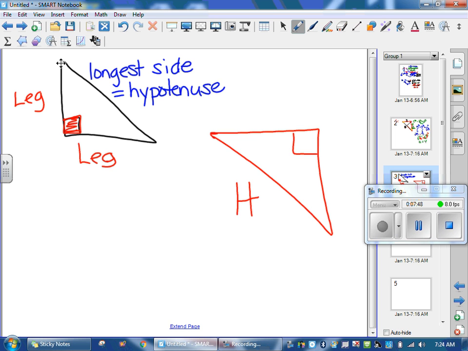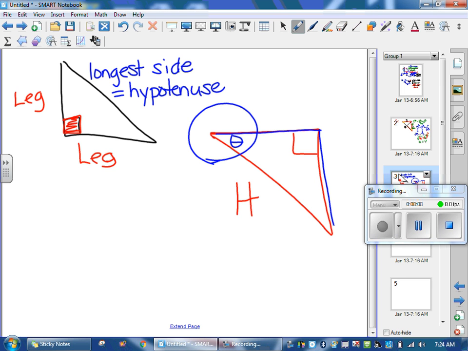So let's say I'm finding angle theta. I need to identify the sides attached to it. I know that these 2 are legs. But which legs are they?